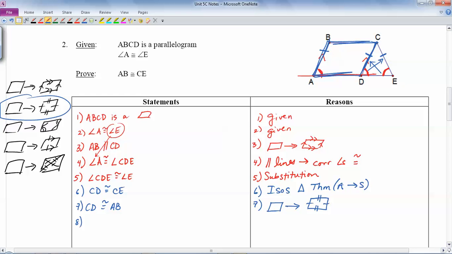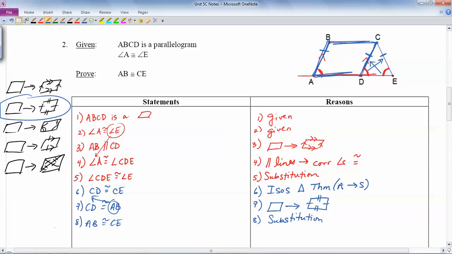And now I've got CD is the same as CE and AB. So I can substitute this guy in right there and say AB is the same as CE. And that's because of substitution again. And that's what we're trying to prove.